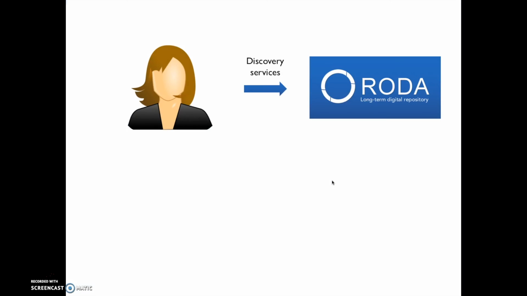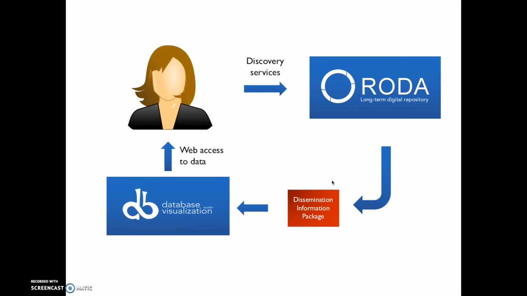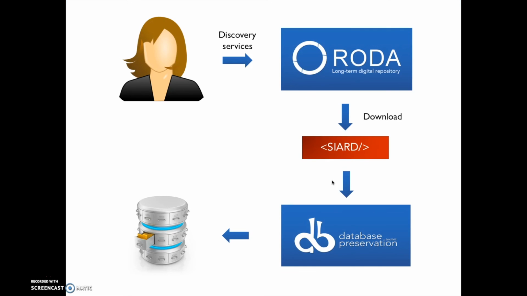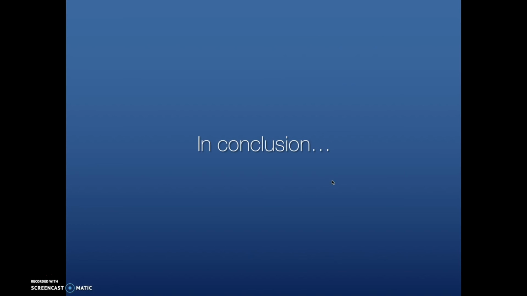If years later the user wants to access the data, they just search the repository, find the right AIP, get the dissemination information package, and can visualize it on the Database Visualization Toolkit, or they could just download the SIARD file and use the Database Preservation Toolkit to ingest the data back into a relational database, a more modern one, and do some kind of analysis on top of that.